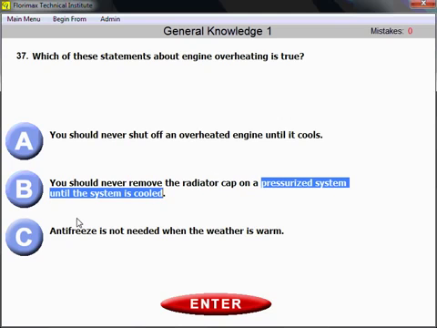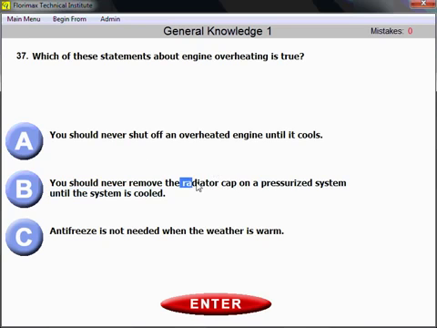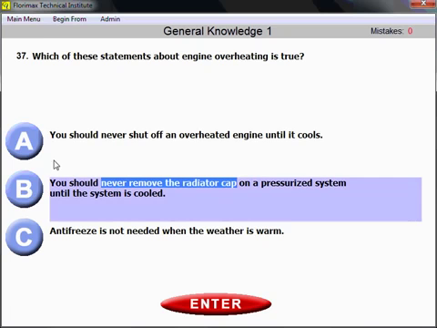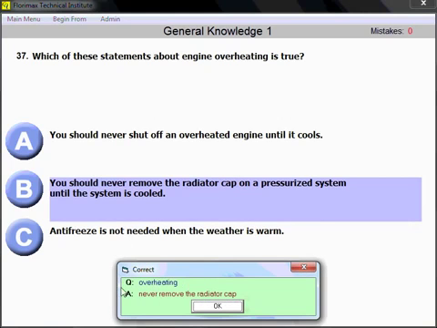Most of the modern vehicles are equipped with a special coolant container, and on that coolant container you might open the cap. But never remove the radiator cap on a pressurized system until the system is cooled, because occasionally the engine can get very hot. It could be deadly. Overheating, never remove the radiator cap.